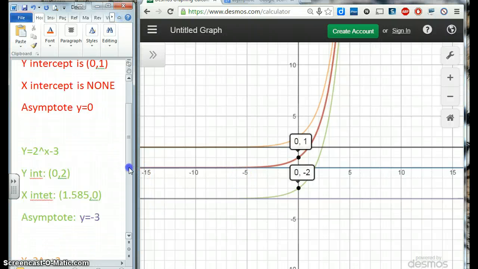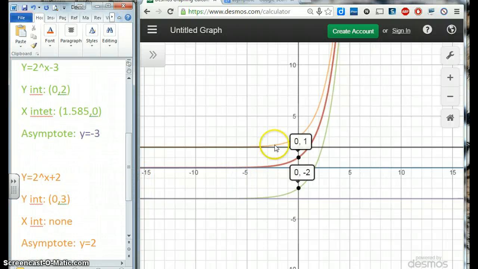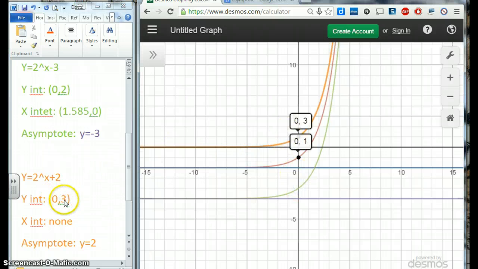And then the last one has the y-intercept, excuse me, of 3. You can compare that by saying the original is 1, and you add 2 to it, and you get 3. So either way, you can see that these are called vertical translations.